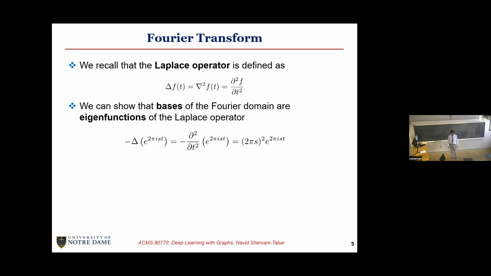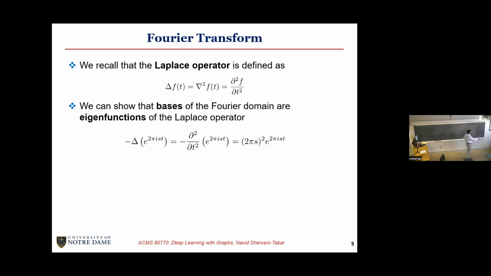What are the bases? Yes, so by bases, you mean the eigenvectors? The basis of the Fourier domain, these exponential terms. We can show that the basis of the Fourier domain are eigenfunctions of the Laplace operator. So we have the Laplace operator here, delta, and if I write this down, I will get the basis for the Fourier transform.